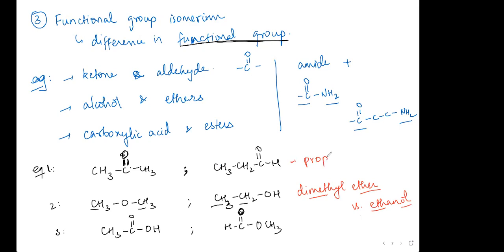This is propanone, and this thing is propanol. Now both of them start with prop, but the difference is, this ends with ONE, this ends with AL. That is because the functional group is different. Everything else is the same number of carbon atoms and everything. Only the functional group is different. So these are functional isomers. That's another way of identifying.